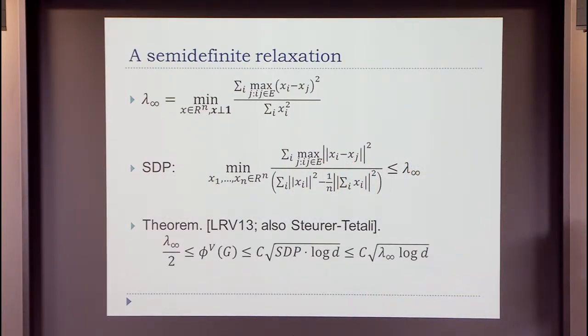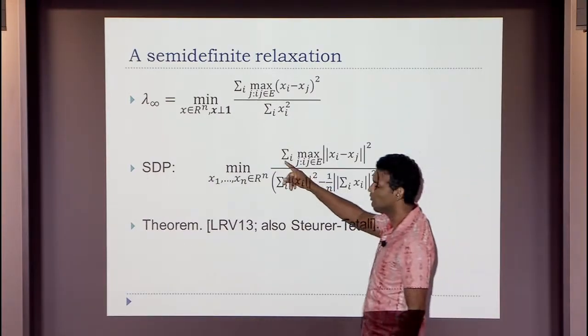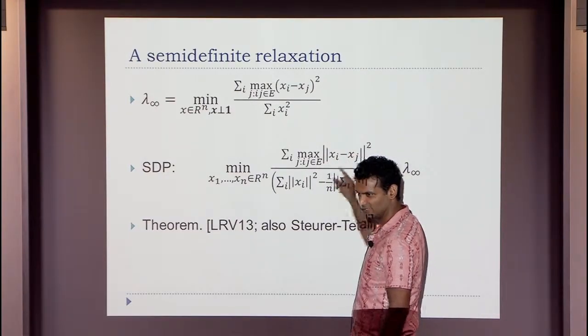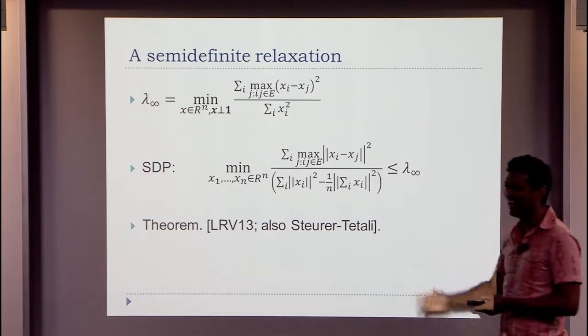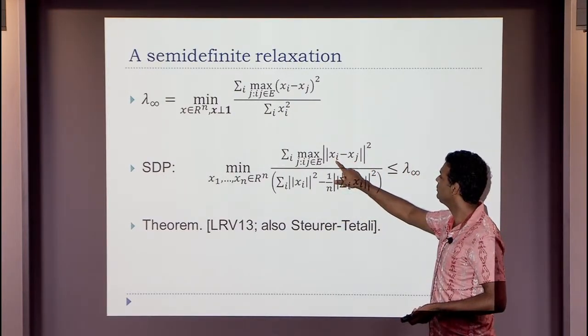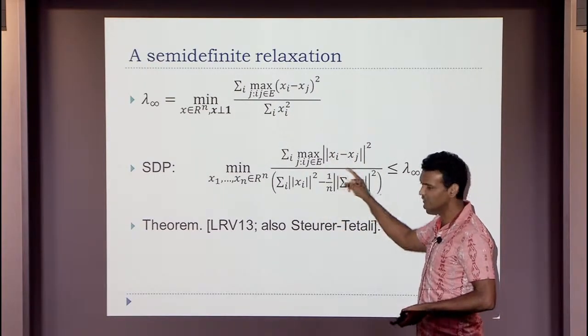So, what about the max? Well, it's just a linear constraint, right? So this is a linear term. Let me take one more step. What are the variables? The variables are the inner products xi dot xj. So this is a linear function here.